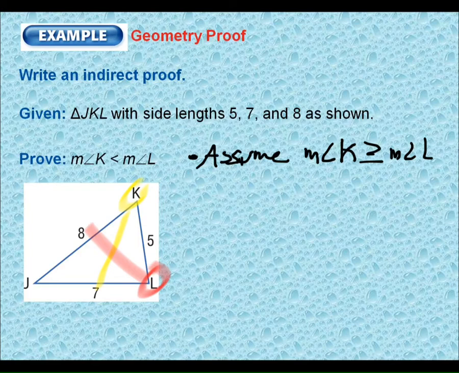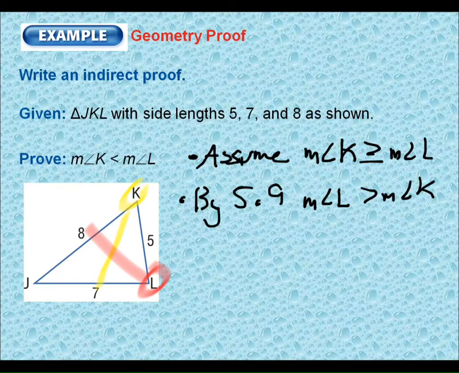So we can say next, by theorem 5.9, the measure of angle L is greater than the measure of angle K. If we wanted to be really specific, we could say because 8 is greater than 7, but that's what 5.9 says, so you don't really have to have that part.